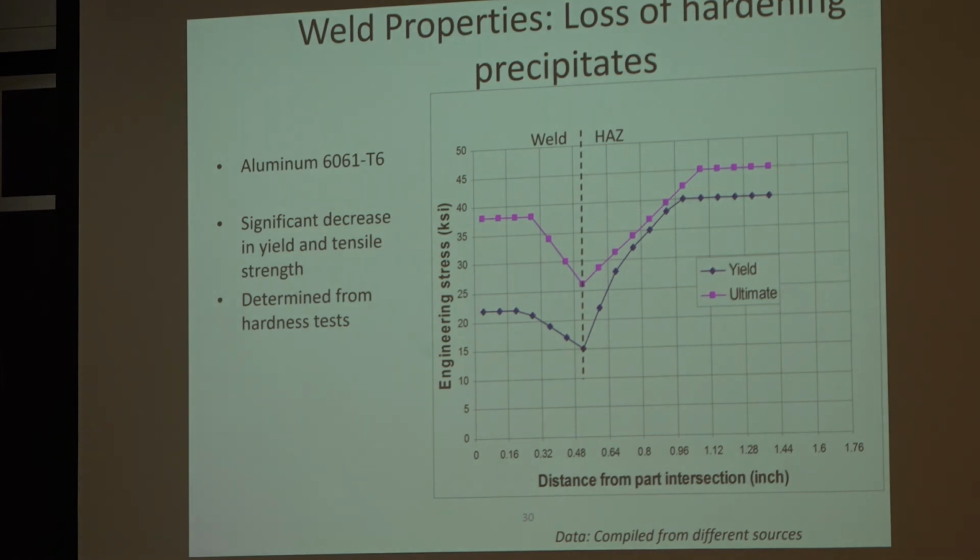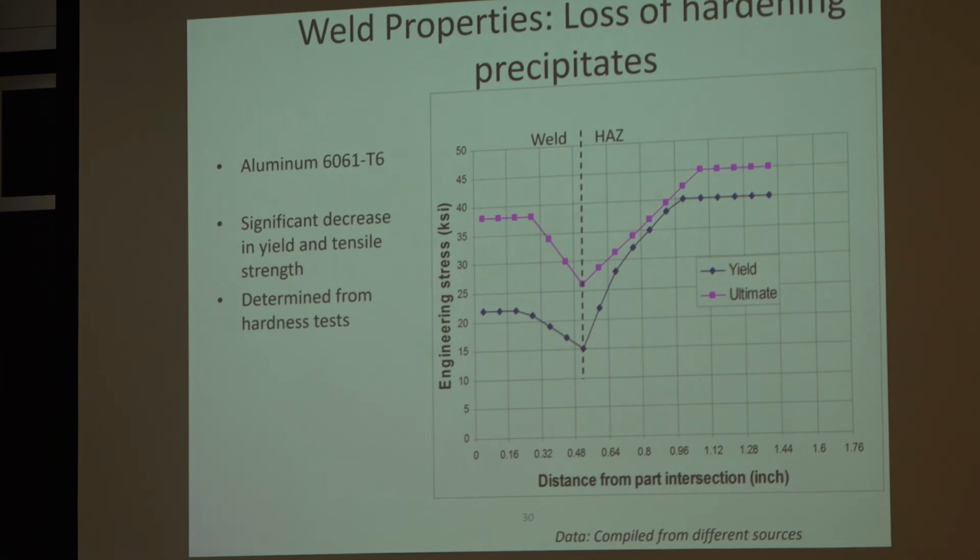So for aluminum alloy, very, very specific example of data points here showing you where the metal was reheated, the aluminum was reheated but not melted, is where it becomes the softest from welding because you lose your precipitates. You reheat it up again and cool it.